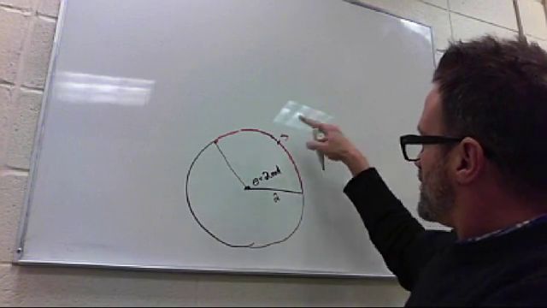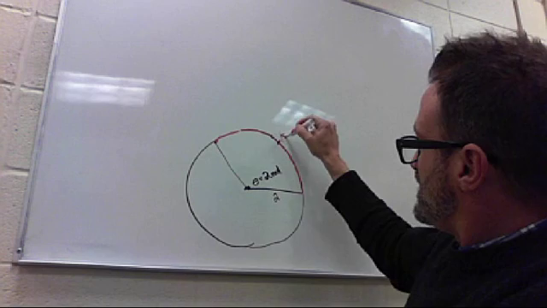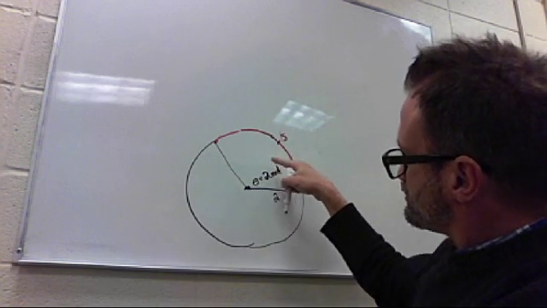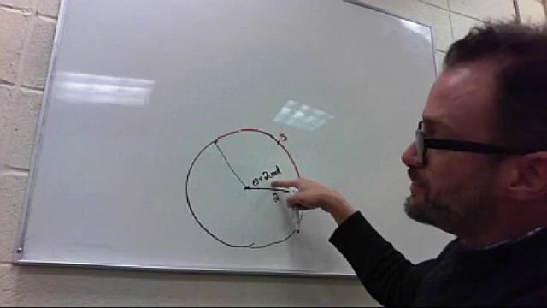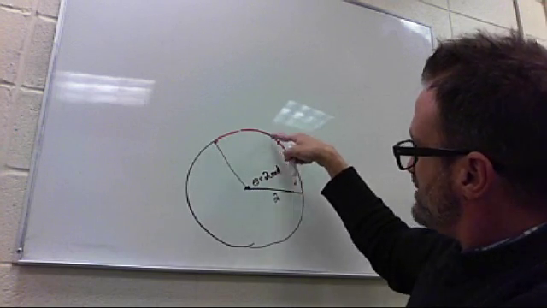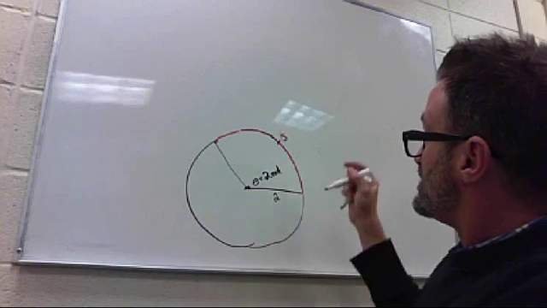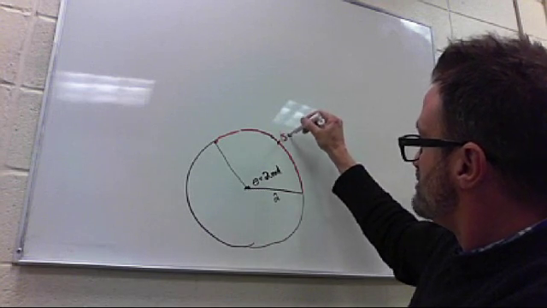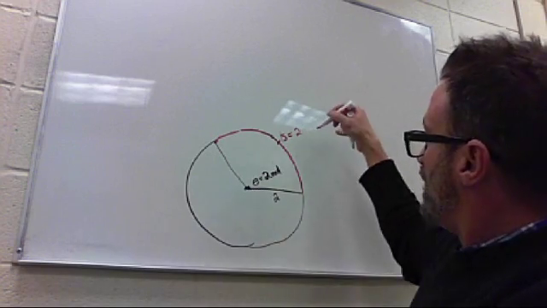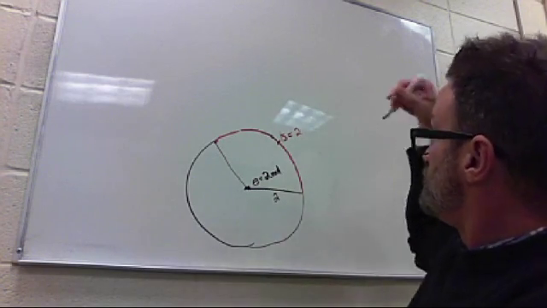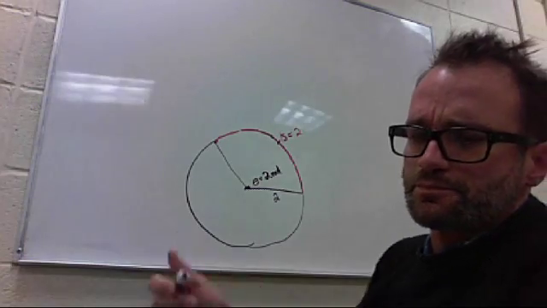Well then, the point I'm trying to make is, if our radius is 2 and our angle subtended by S is 2 radians, then this has to be the length of 2 radii. So S in this case is going to be 2 times 2, which is 4 in length.